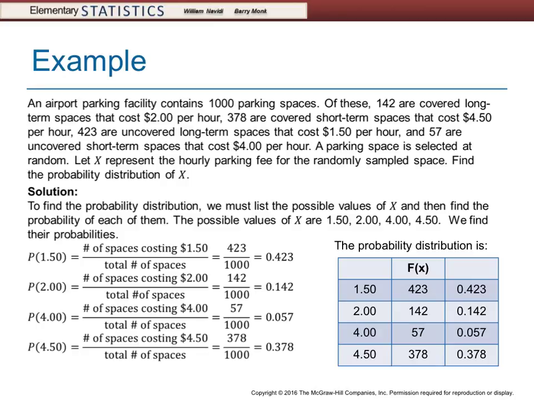In our example of this, we look at an airport parking facility that contains 1,000 parking spaces. Of these, 142 are covered long-term spaces that cost $2 per hour. 378 are covered short-term spaces that cost $4.50 per hour. 423 are uncovered long-term spaces that cost $1.50 per hour, and 57 are uncovered short-term spaces that cost $4 per hour.